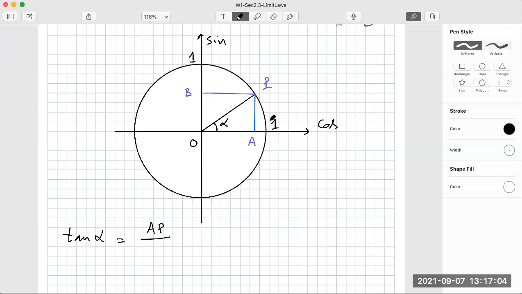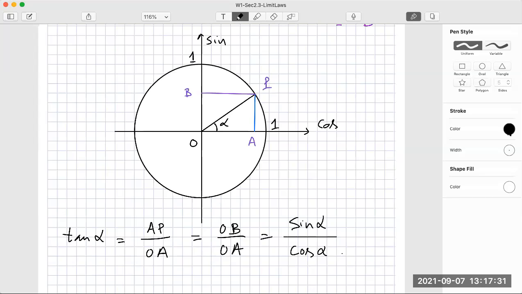Good job. Or we can write, because AP is the same as OB, and OB we know is sine alpha, right? What is OA? Great. Good job.